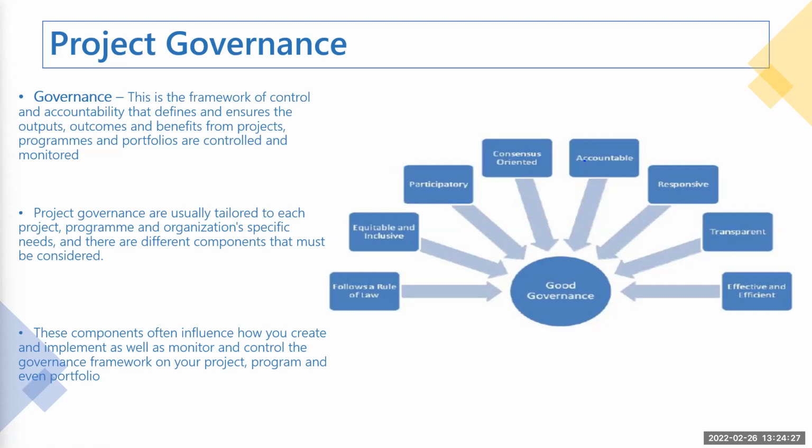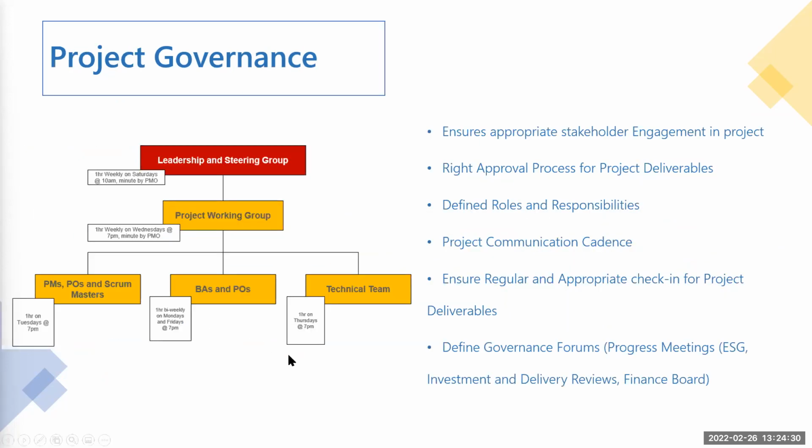So what's the essence of governance, right? This is one of the things that I picked from our ladder back down, that highlights some form of governance, saying, oh, these are the forums, these are the required stakeholders, this is the frequency of the stakeholders. And what project governance does is it ensures appropriate stakeholder engagement on the project, and the right approval process for project deliverables.